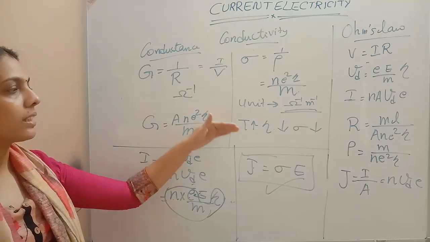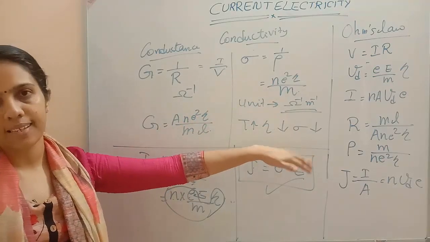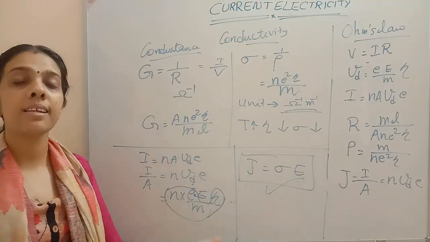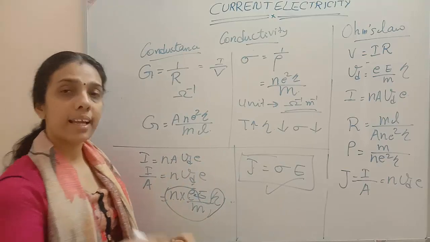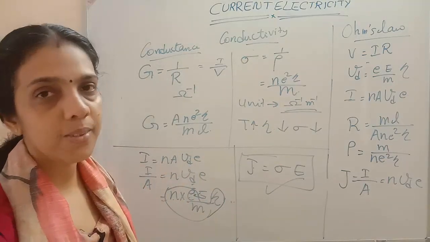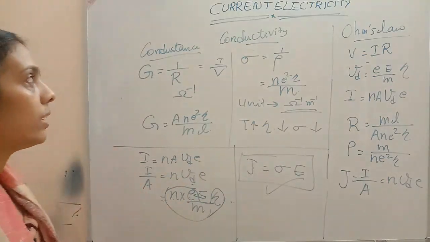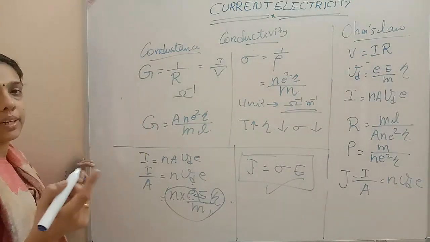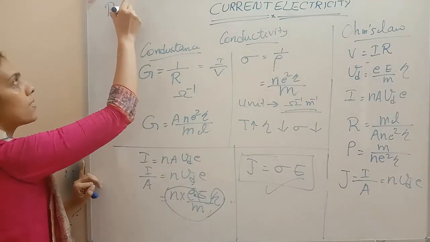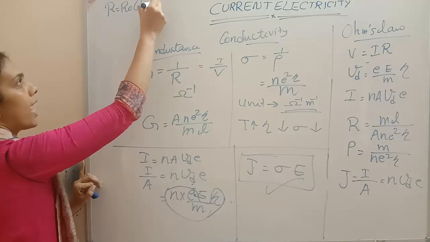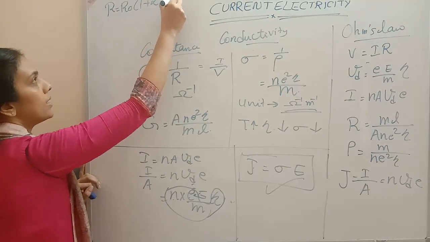As temperature increases, conductivity decreases, and as temperature increases, resistivity increases. Okay, and if resistivity increases, resistance also increases, right? So see how resistance will be varying according to temperature. R is equal to R0 into 1 plus alpha T plus beta T square.